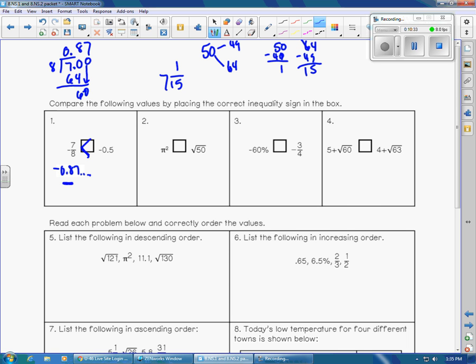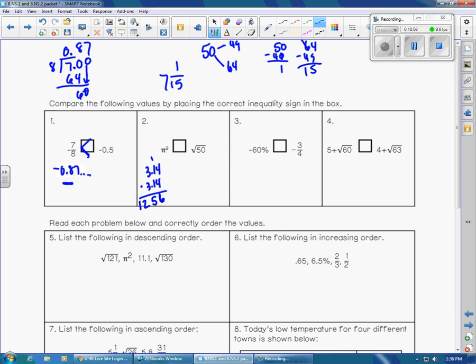And pi times pi, or pi squared, so it's 3.14 about times 3.14. So it's going to be multiplication. Sorry, I think I hit pause by accident. I just did the first part of the multiplication. 4 times 4 is 16. You put down the 6, carry the 1. 4 times 1 is 4, plus 1 is 5.